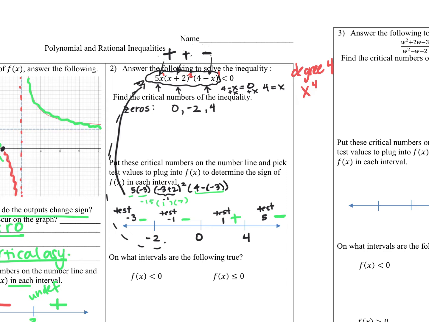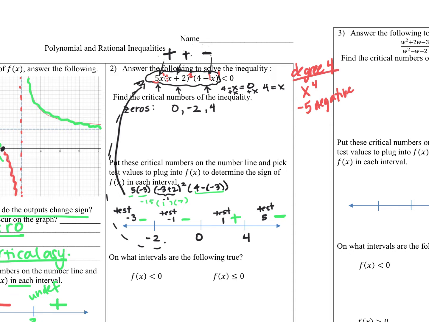Coefficient-wise, we have a 5 going on. The x in the x plus 2 only has a 1, so it doesn't really matter. And then we have a negative 1 in that last term. So really that's going to be 5 times 1 times negative 1, so we're going to get negative 5. And so that is a negative lead coefficient.